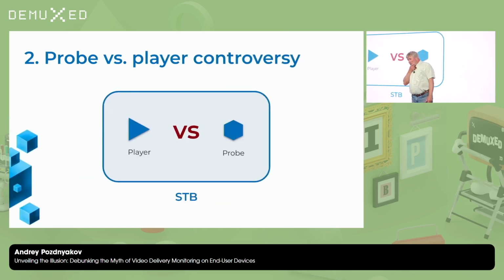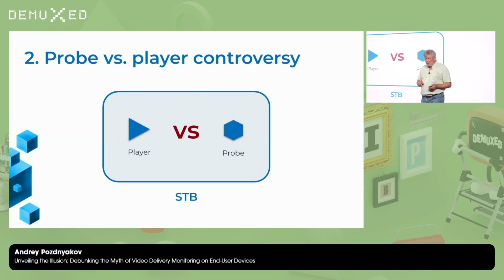Another problem is that the probe and the player in the set-top box will run on the same, not very fast hardware. And all the time, they will share limited resources.